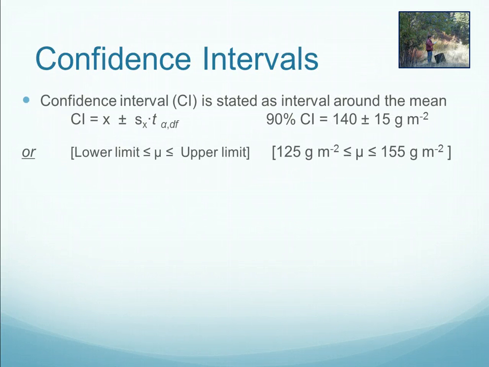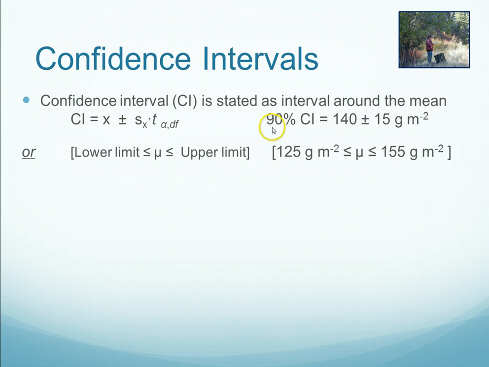A confidence interval is usually stated as an interval around the mean, and we see this stated in two ways. First, we will sometimes see it stated as the mean plus or minus a value that represents the term S sub x, or the standard error, times t.